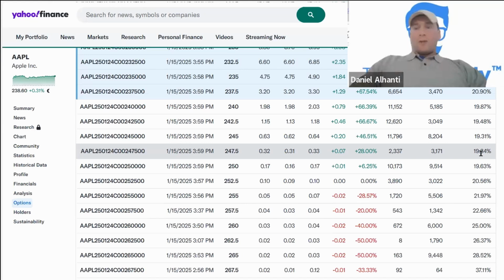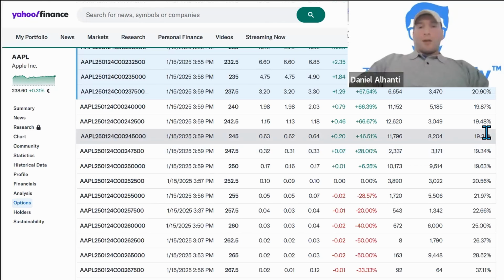If it's like 250%, that's getting a little ridiculous. That's like when GameStop or AMC starts to skyrocket out of control. And then sometimes you have a stock that doesn't move at all, like AT&T might have like 8% implied volatility. But Apple's fine having a 20% implied volatility. That's fine. But again, somewhere around like 50 to 80% is a good number.